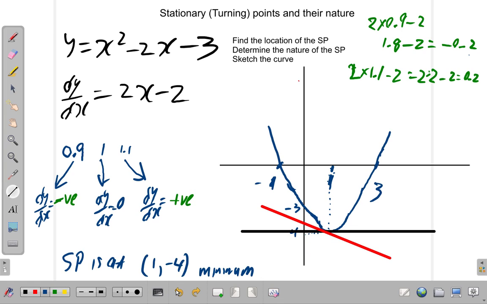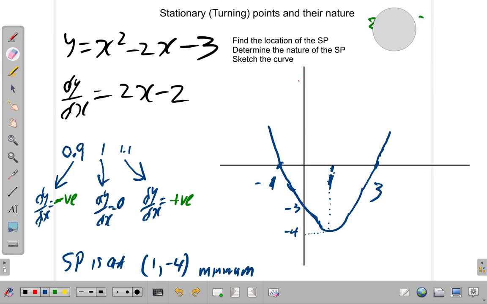Now, what we want to look at is another method of finding the nature of the stationary point. This other method consists of doing this. After having found dy by dx, we differentiate again. So we differentiate the derivative.